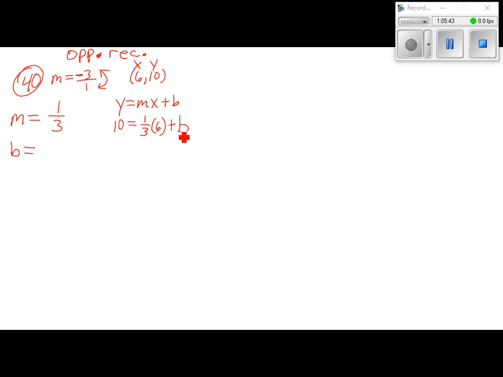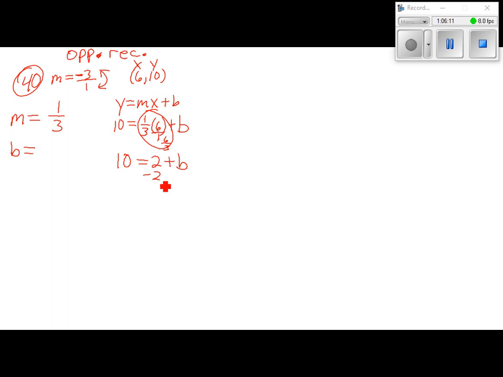Don't let this confuse you because it's got a fraction in it. 1/3 of 6, or if you just put a 1 underneath that, 1 times 6 is 6. 3 times 1 is 3, so you've got 6/3. 6 divided by 3 is just 2. So you've got 10 equals 2 plus b. Again, you can plug all that into your calculator, and it'll do 1/3 times 6 for you.